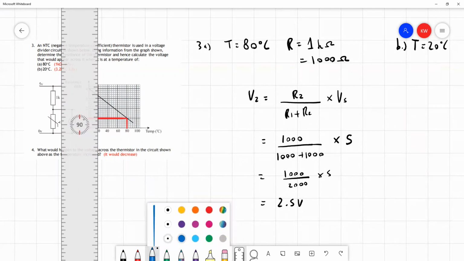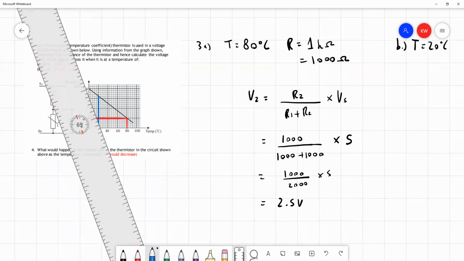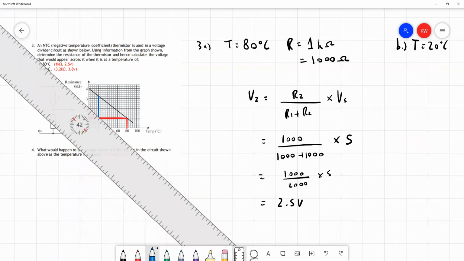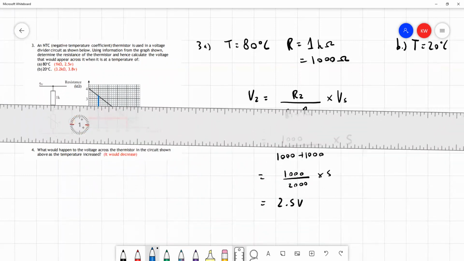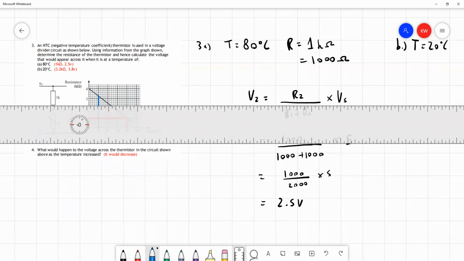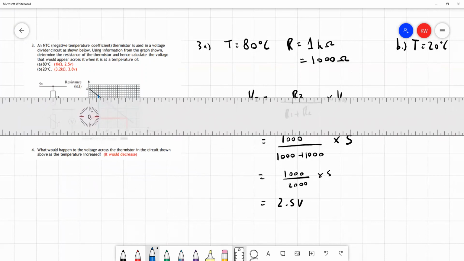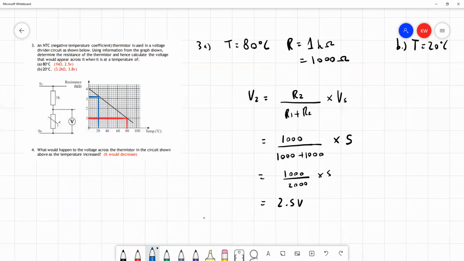So we measure up from 20 degrees Celsius on the graph, and then we measure across to our vertical axis again. Our graph's been drawn in such a way that it takes us to exactly 1 square up from 3, and with 5 squares between 3 and 4, each square represents 0.2.